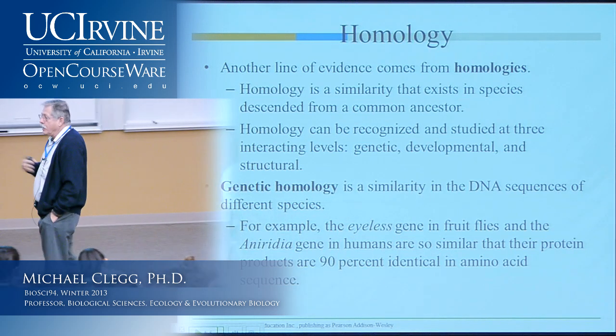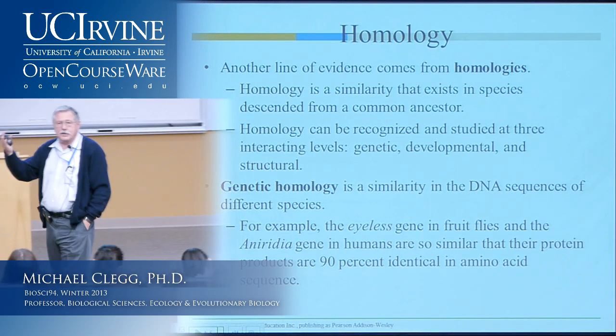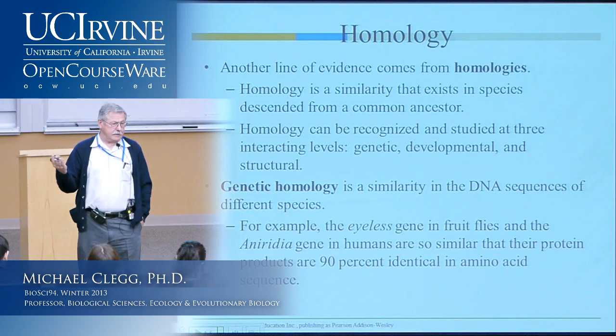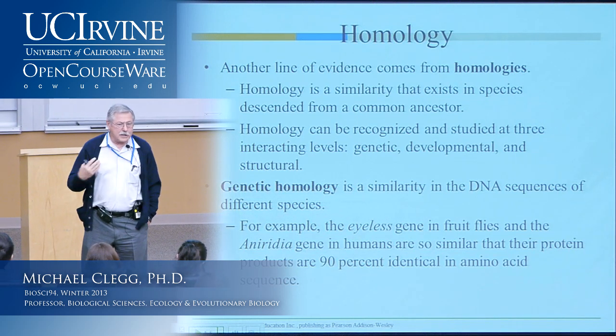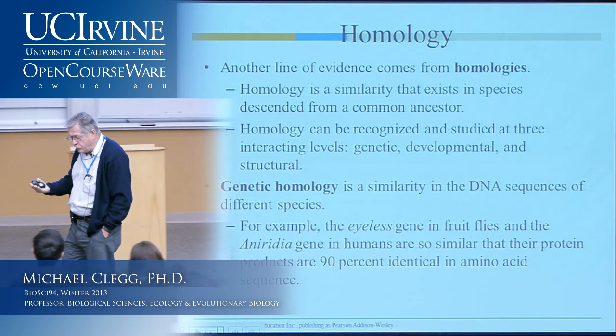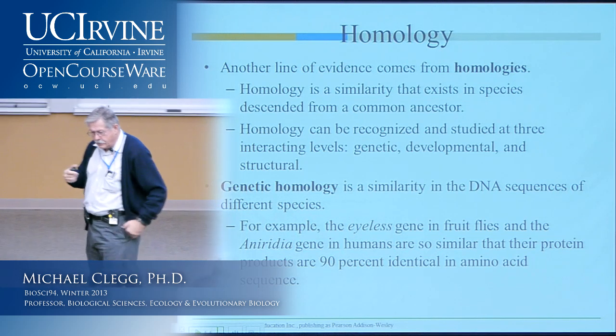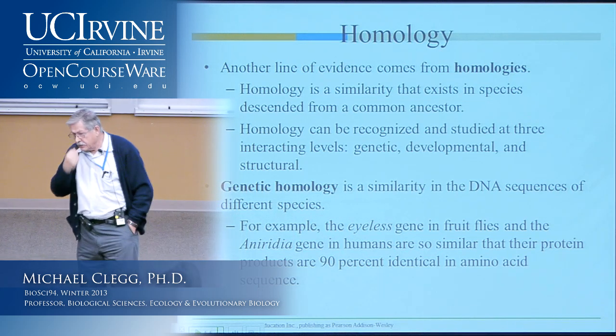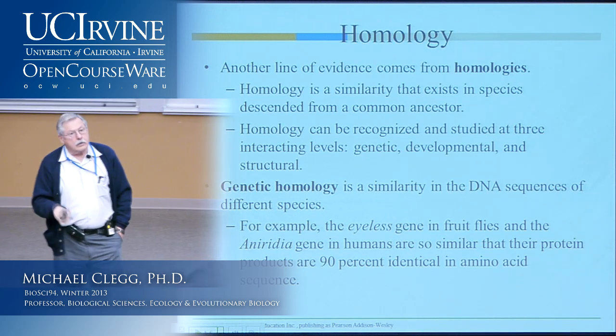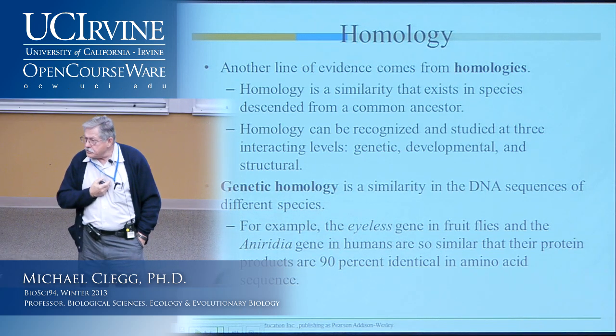The best homology, the most convincing homology of them all, is DNA. And because we can sequence DNA, we can say, well, we should be very closely related to our primate ancestors, and we are.